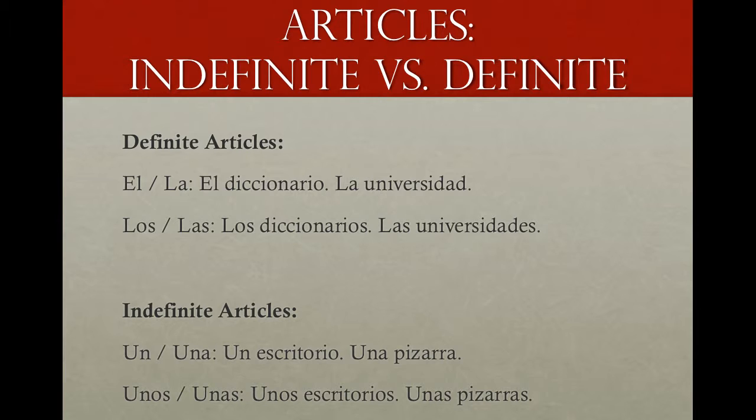But these nouns in Spanish, over time, have just taken on either a masculine or a feminine form for whatever reason. If you want to create a trick in your mind to think of a dictionary as masculine and the university as feminine, then by all means, if that helps you to remember.